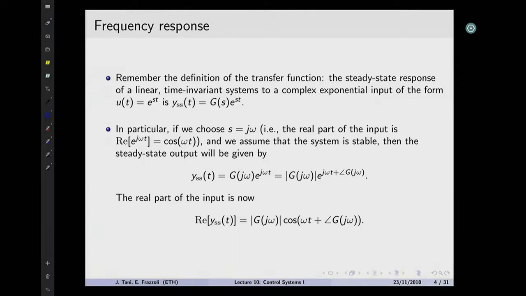If you send a sinusoidal signal at a given frequency into a linear time invariant system, and we wait for the transient response to die off, then the output of the system is going to be a sinusoid at the same frequency, but with different magnitude and phase. And we saw that the magnitude was scaled and the phase translated by the magnitude and the phase of the transfer function evaluated at that specific frequency.